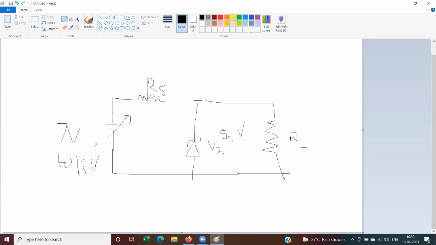So I will select RS in such a way. By the way, see that this Zener diode is connected in reverse bias mode, not in forward bias mode, because the Zener breakdown will not take place in forward bias, it will take place only in reverse bias. So this RS is low enough so that this voltage is 5.1 volt.